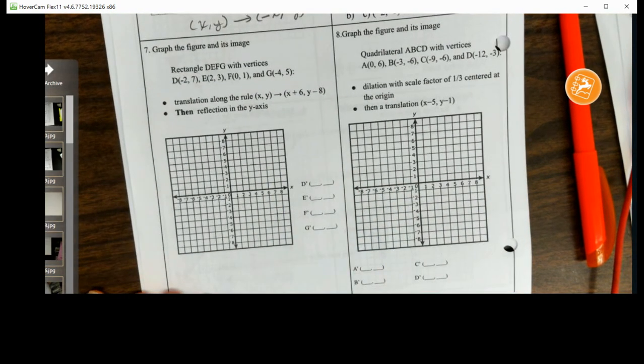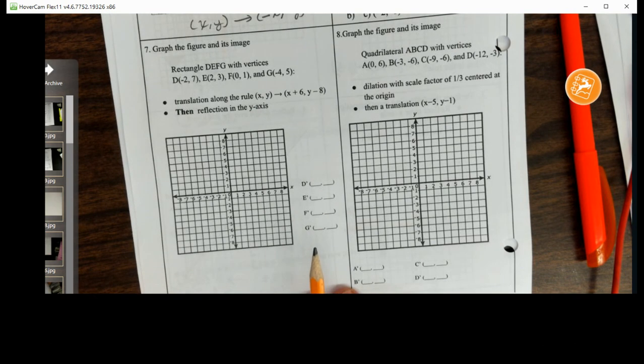Let's look at this one over here, number 7.